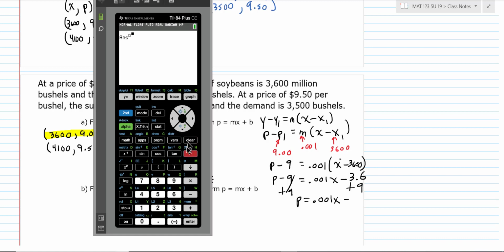Hold on, I got a negative. So negative 3.6, and then plus 9. Finally. Okay, so I got plus 5.4. All right, so that's what we get as our answer.